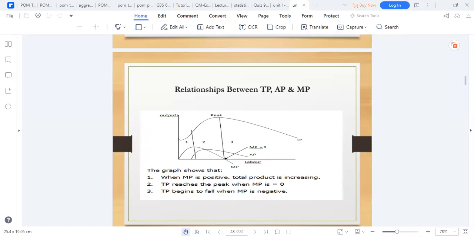So we have 3 stages of production: Stage 1, stage 2, and stage 3.